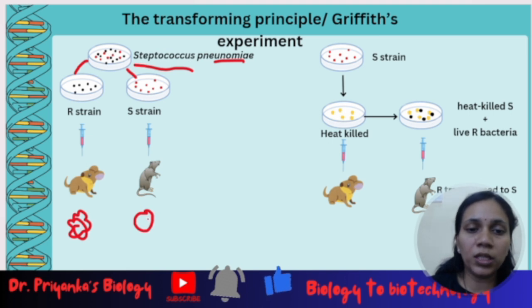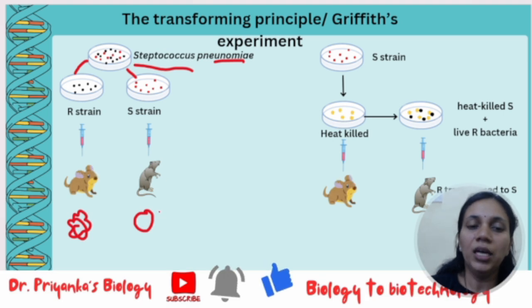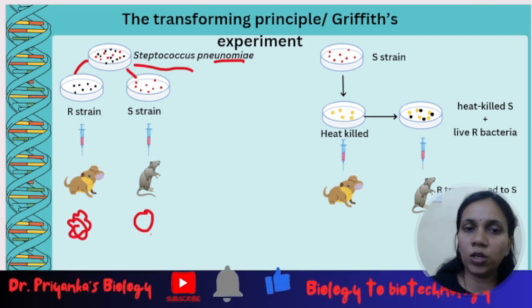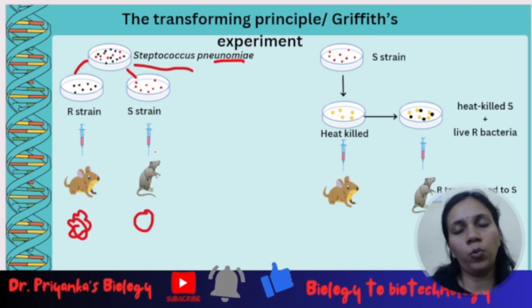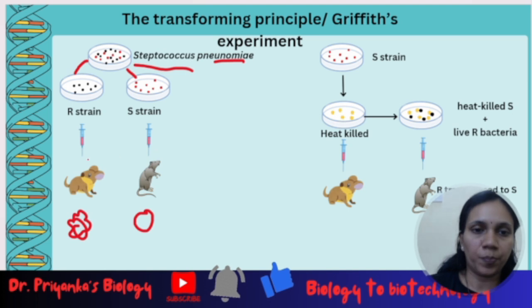Because of the smooth nature and the presence of this polysaccharide around the bacterium, the smooth strain always escaped the host immune system. Because of this it always remained alive and caused the disease, pneumonia, and the animal that got it would probably die.